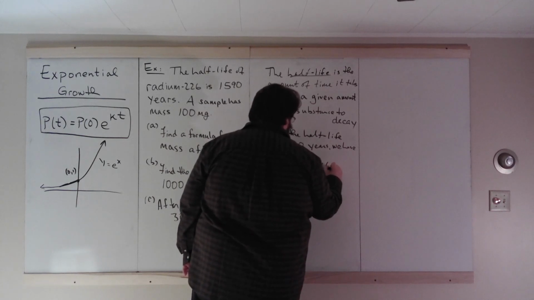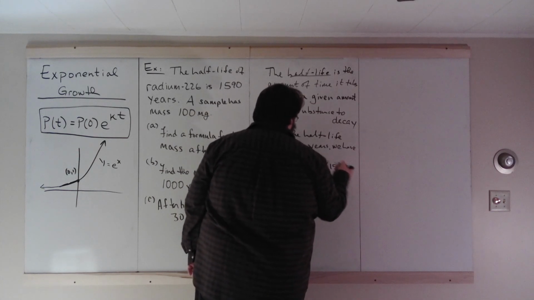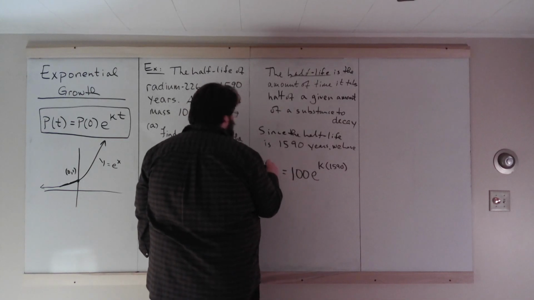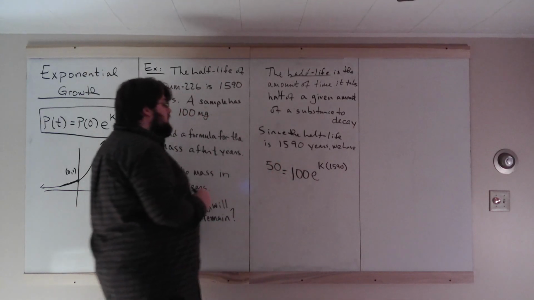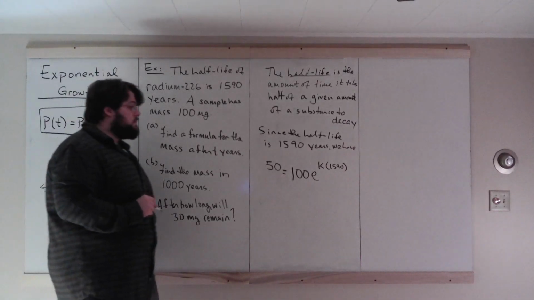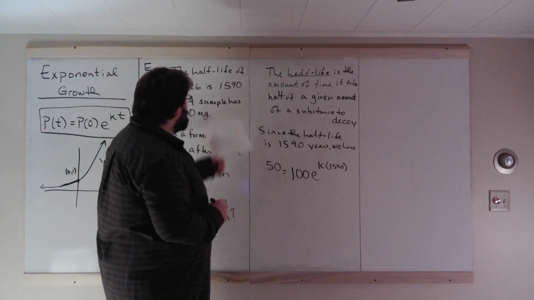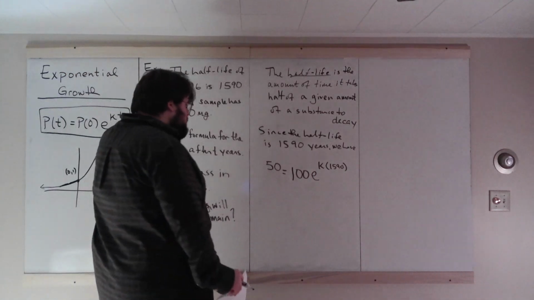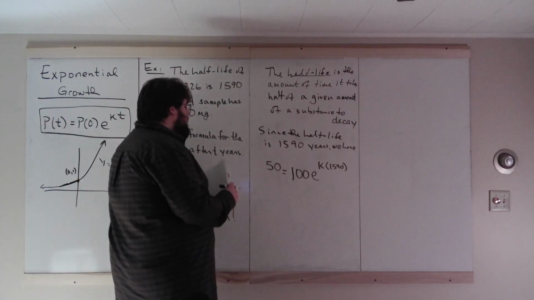T is 1,590. So we have an initial amount, e to the kt equals what's left after 1,590 years. It goes from 100 to 50. So we start with 100, and in 1,590 years, half of it decays, so we're left with 50. Now we just want to solve this for k.